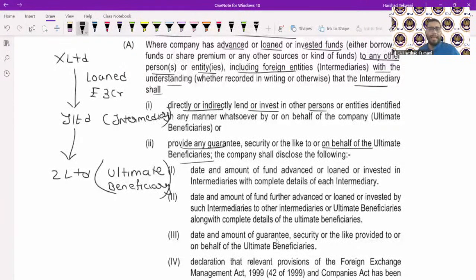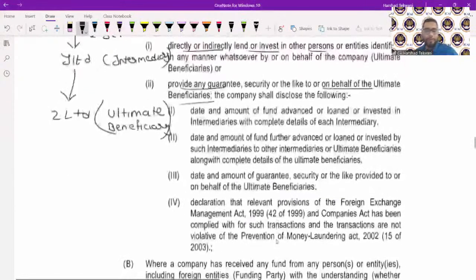So your company needs to disclose that any amount was given to any intermediary with the understanding that directly or indirectly Y Limited will invest in Z Limited, that is the ultimate beneficiary, which was identified earlier by X Limited. Number two, that Y Limited will provide any guarantee or security to or on behalf of the ultimate beneficiary.